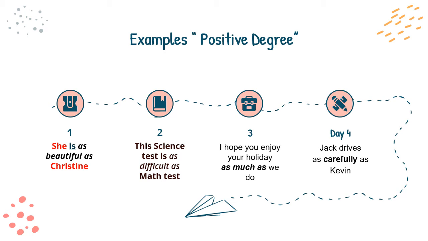And the fourth one is, Jack drives as carefully as Kevin. So these four sentences belong to positive degree, and pay attention to the pattern of the positive degree: as beautiful as, as difficult as, as much as, as carefully as.